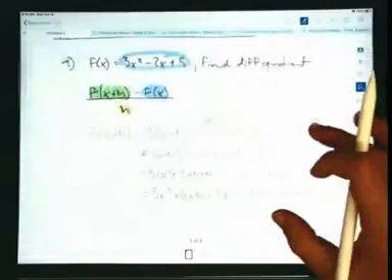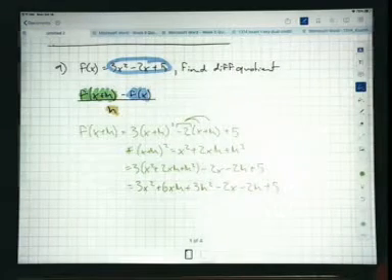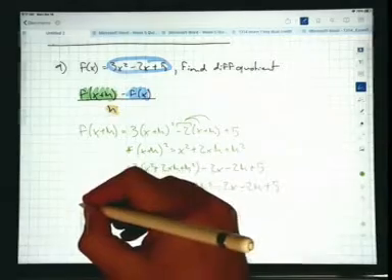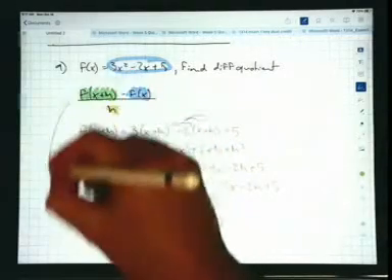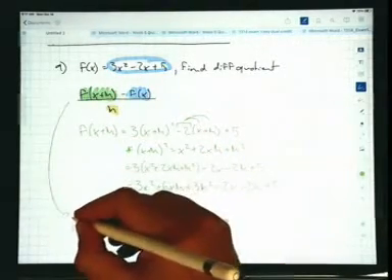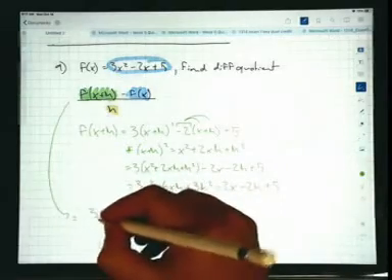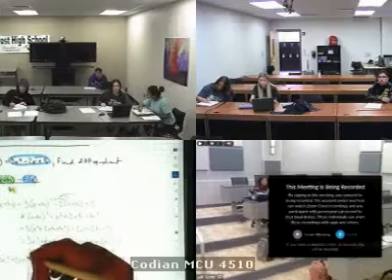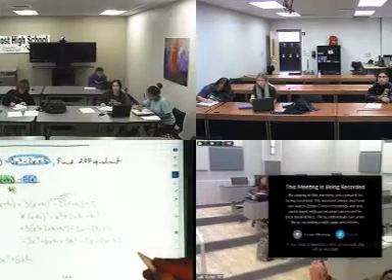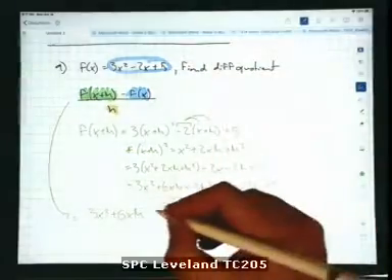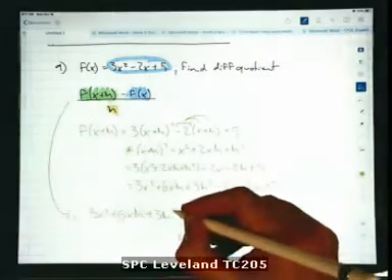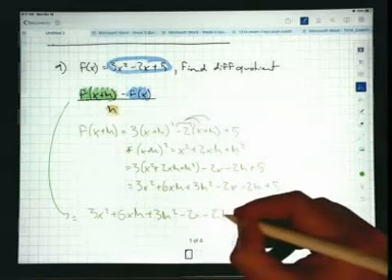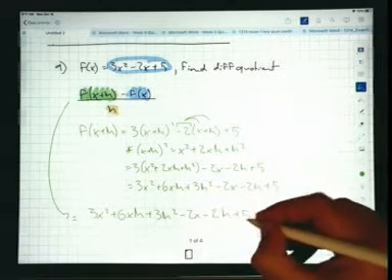Now it's just a matter of plugging everything in. I'll keep everything color-coded. We have 3x squared plus 6xh plus 3h squared minus 2x minus 2h plus 5.